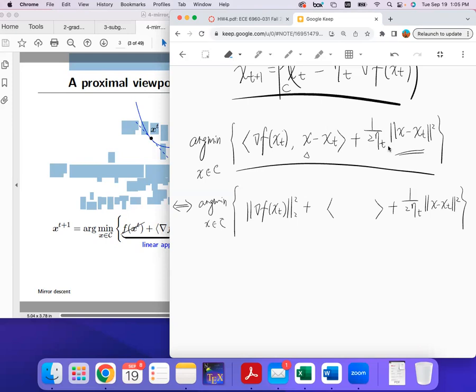I can multiply all these terms by 2 eta t, so that this becomes 1, this term becomes 2 eta t, and then I can introduce another constant term. All these operations do not change the minimizer of the problem.